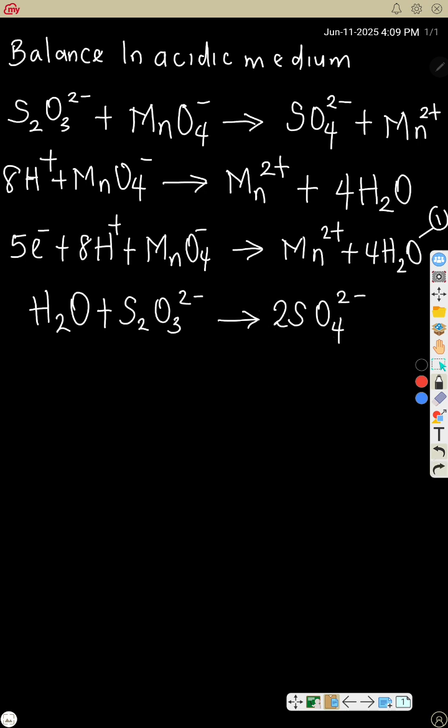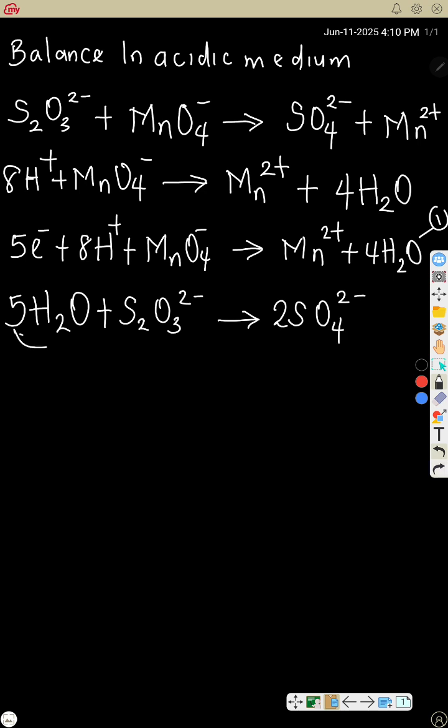That's where you are mixing it up. And how many oxygen here? 3. If I add 5 here, the oxygen will be 8 now. So 5 times 1, 5, plus 3, 8, and also 2 times 4, 8. The oxygen is also balanced.